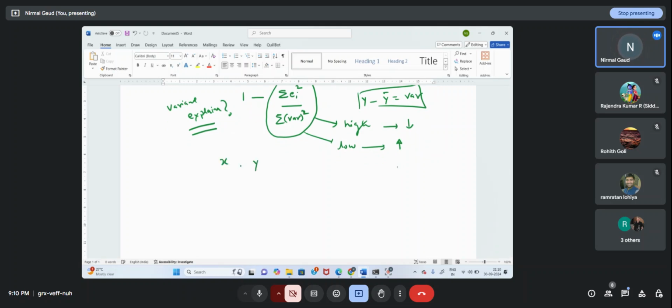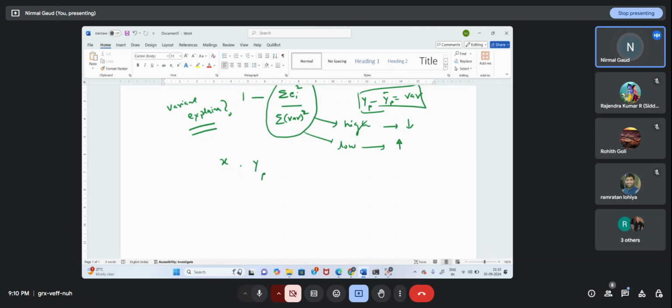X and Y. Okay, we were told that variance explained means Y minus Y bar, and that is related to your predicted. That is your predicted. So this is your predicted YP.